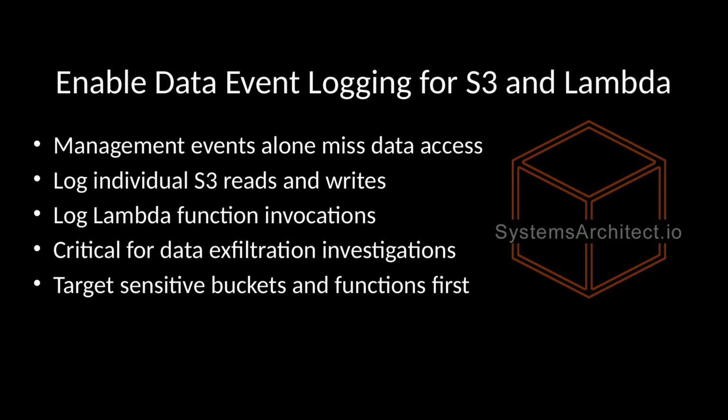4. Enable data event logging for S3 and Lambda. By default, CloudTrail captures management events, the API calls that create, modify, or delete resources, but it does not log data events like individual reads and writes to S3 objects or Lambda invocations.